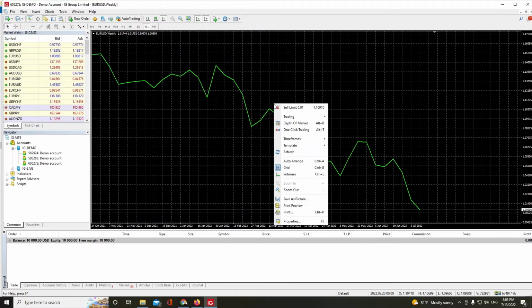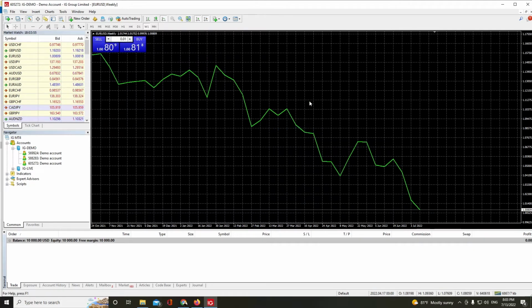So there is an option. Every time you are trading, you must make a decision. Either you want to go long, which means that you want to buy the market, or you want to go short, which means that you want to sell the market. Trading is very simple, and that's why most people believe they can beat the market.